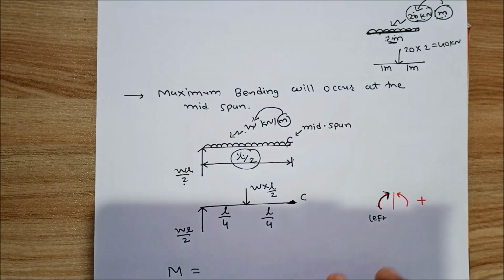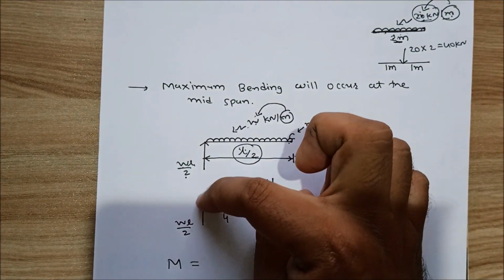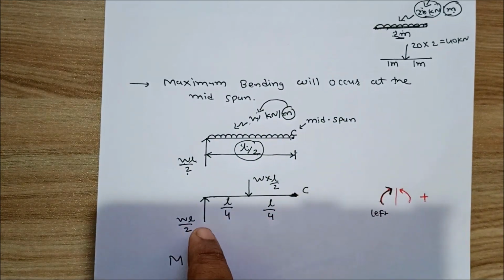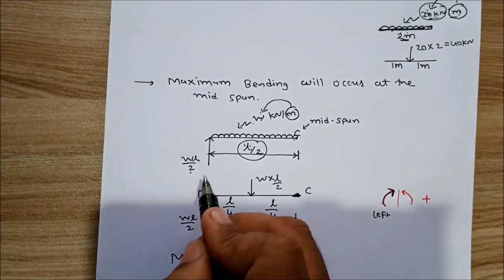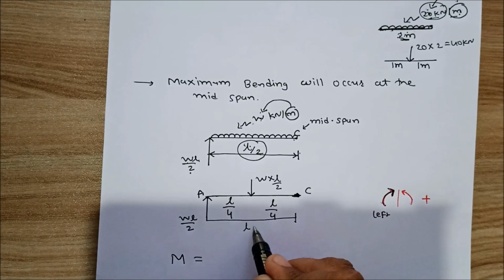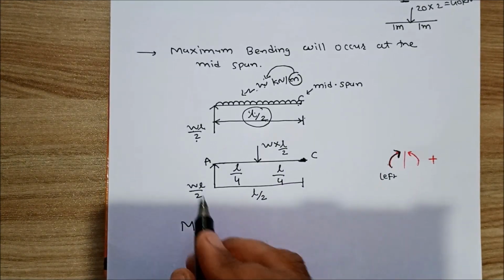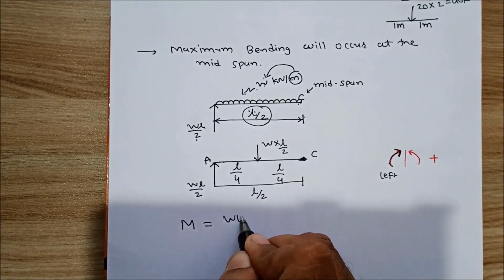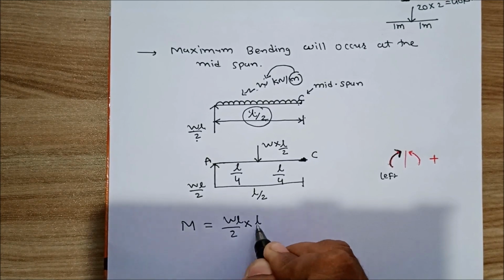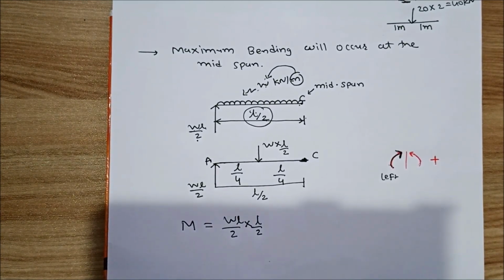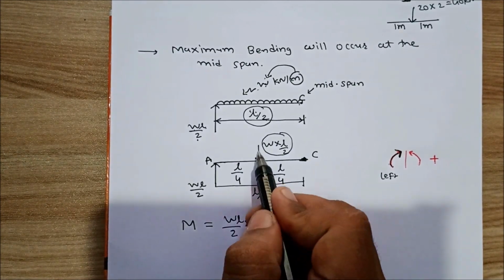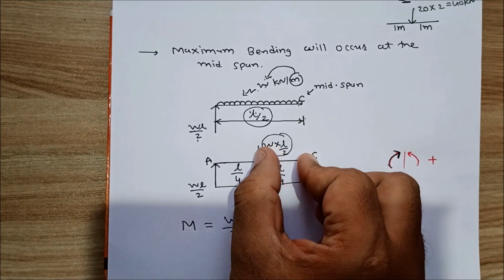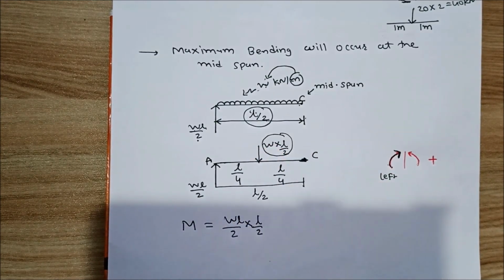So from point C, this moment goes in the clockwise direction, or you can say that the upward force is plus. Moment is force multiplied by perpendicular distance, and the distance between points A and C is L by 2. So here the moment is WL by 2 multiplied by L by 2, that is plus. There is another force, WL by 2, a downward force, or you can say the moment is anti-clockwise, so minus.